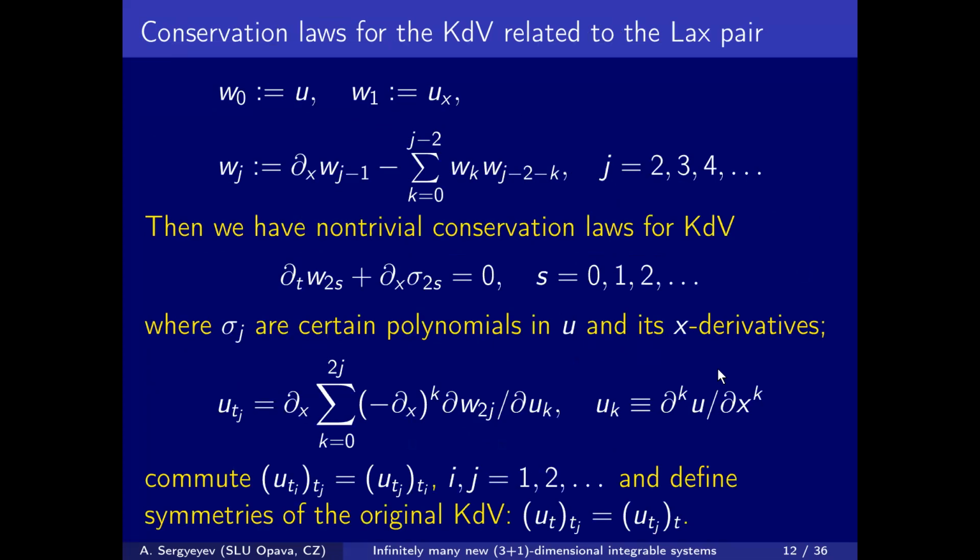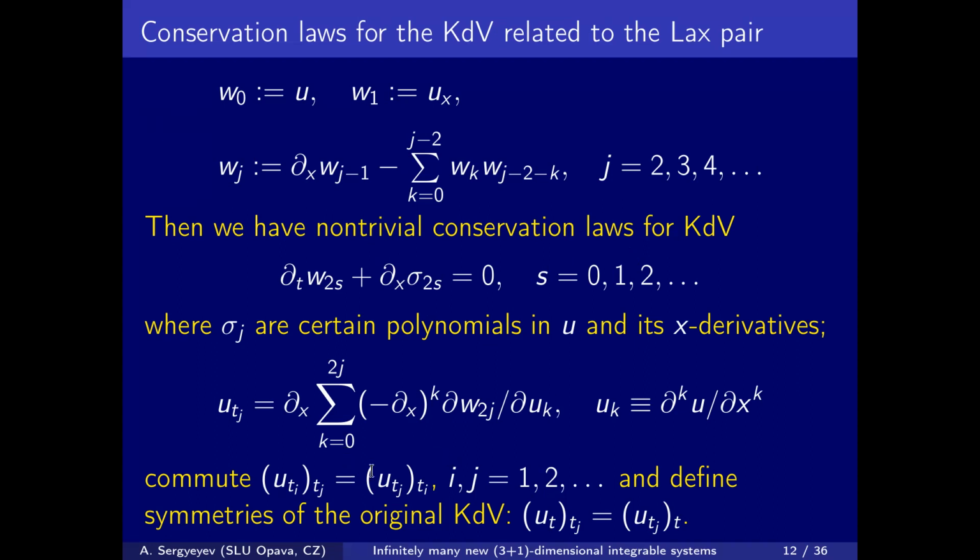Also, without going into too much detail, using the Lax pair one can construct infinitely many conservation laws for the KdV. In particular, one has an infinite series of non-trivial conservation laws for the KdV equation, which are shown here.